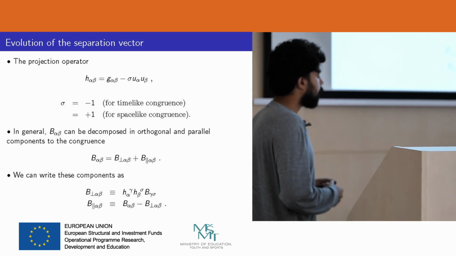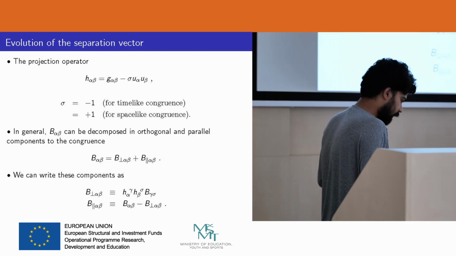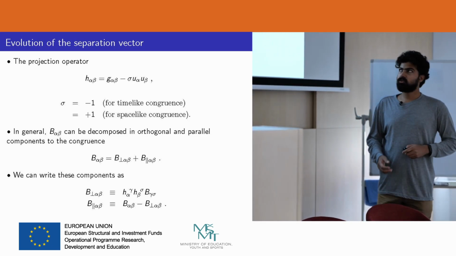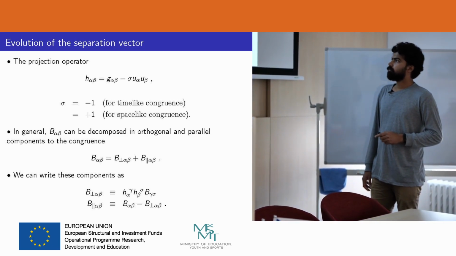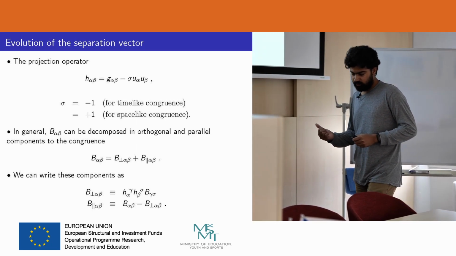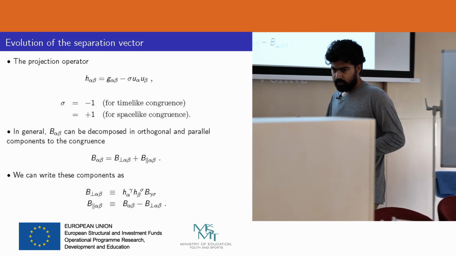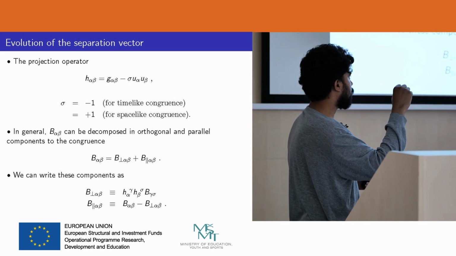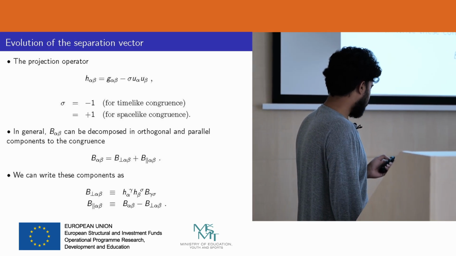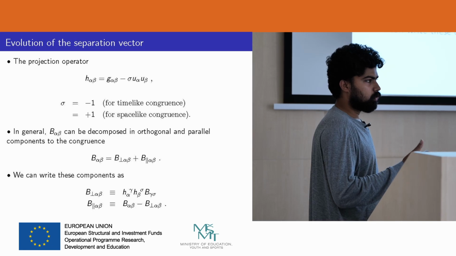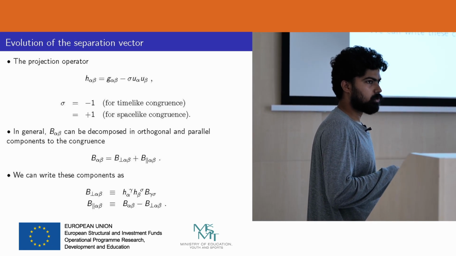So in a more general setting, when we have torsion, this B tensor can have a non-zero tangential component along the direction of flow. Basically, what I meant is that this is tangent to the hypersurface orthogonal to the flow.